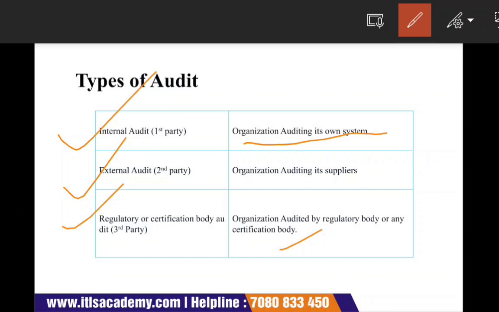The last one is regulatory, done by any regulatory body or certified body. In simple words, internal audit evaluates the company's internal control, and it is based on that.